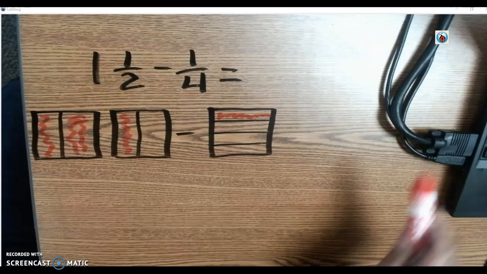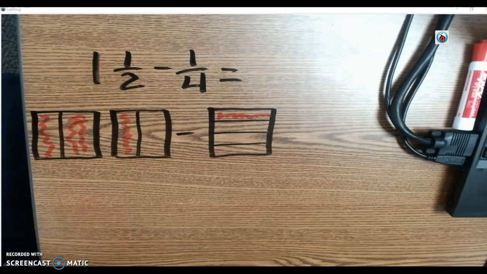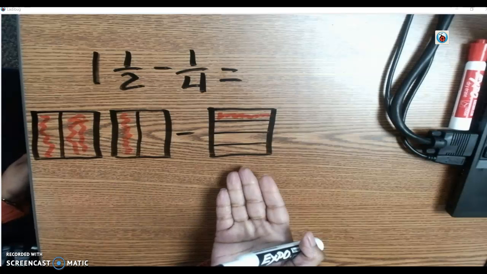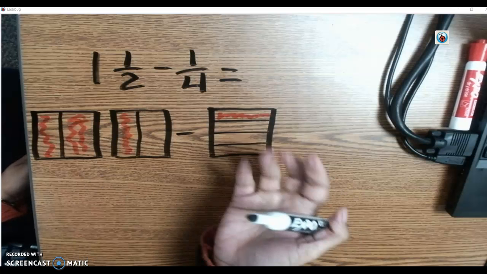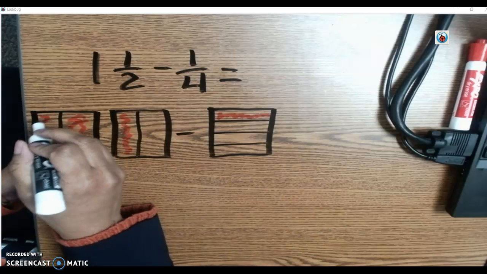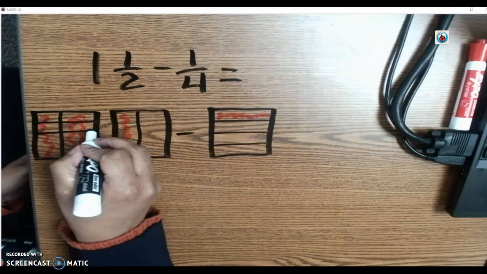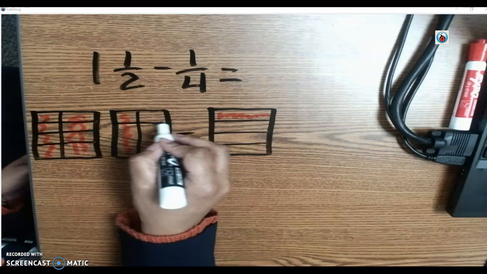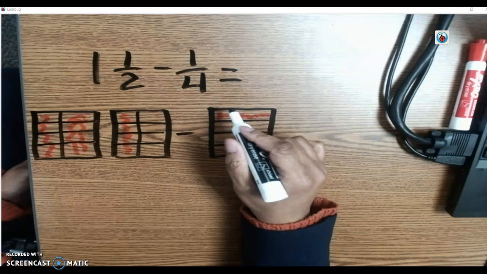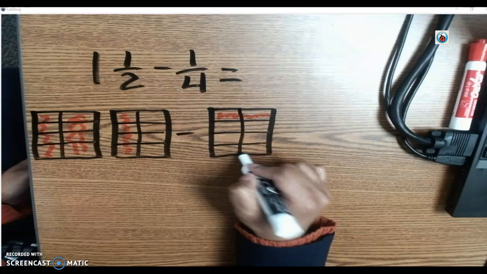Just as we have been studying, remember, when we're doing models, we want to make sure that the models look the same. So we're going to draw our lines to show 4ths in the first model, and then our line to show 1/2 in the second model.